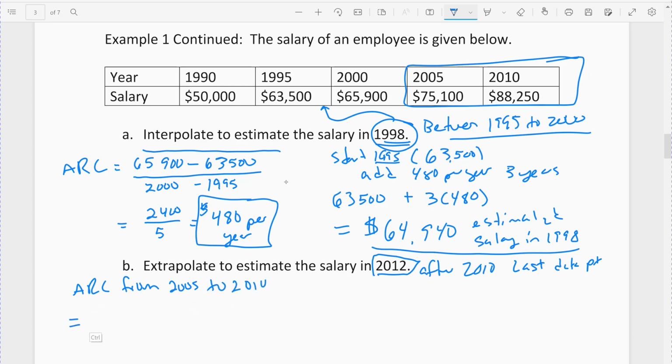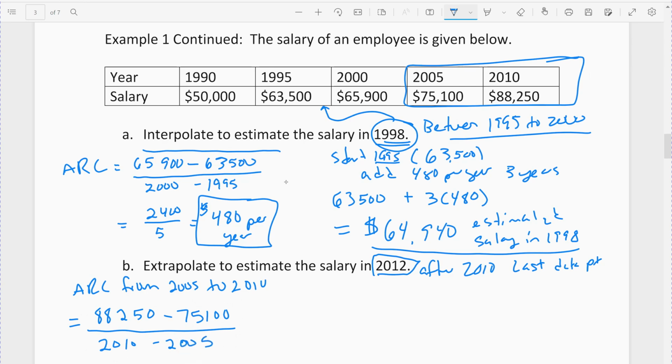All right, so average rate of change. So we take the 88,250 from 2010, subtract away the 75,100. Divided by our years. And again, it's 5 years, but I'm going to write it out so you can see it.